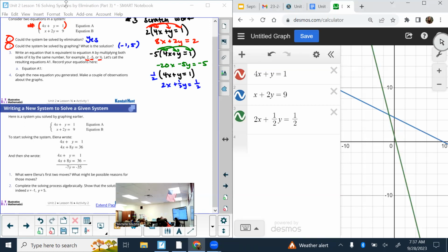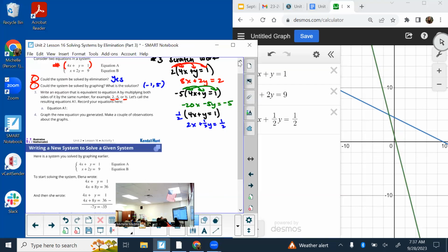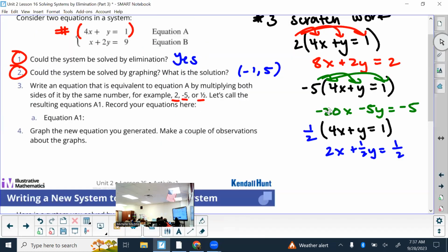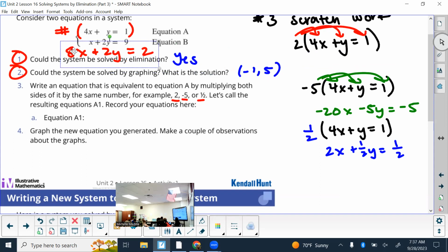But what that does, and maybe not with every single random one that you decided to multiply, but at least with this one, if I take this equation and I line it up with this bottom one, don't I have a common coefficient now? I do. And now I can actually solve by elimination, because now I would just subtract equation B and my third equation, and that would eliminate the y.